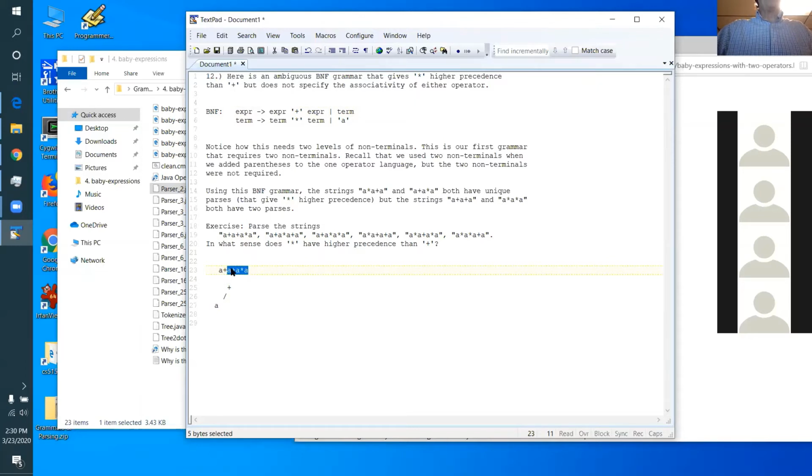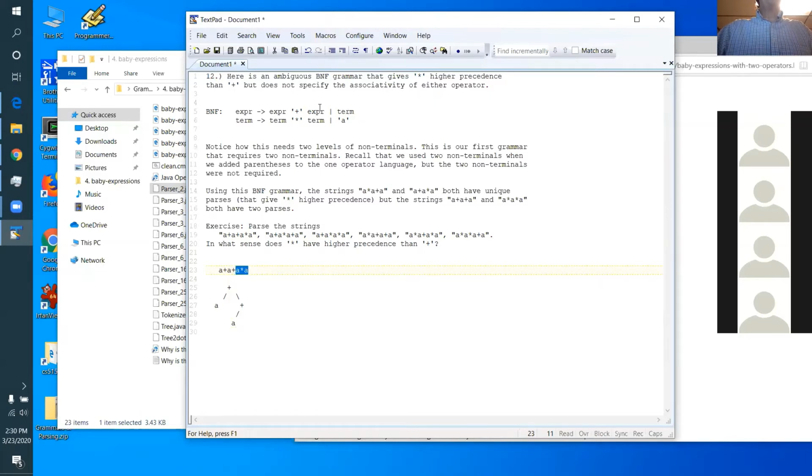Well, I could parse it as an expression, plus, it's a plus with an A on the left, so plus with A, and then it's a term on the right.